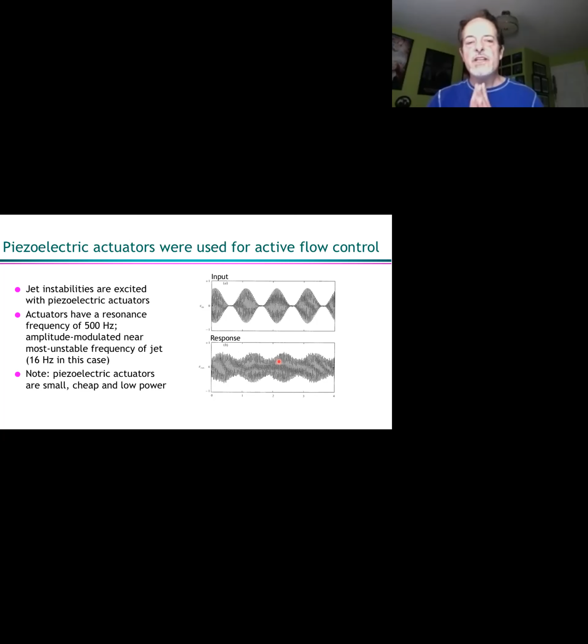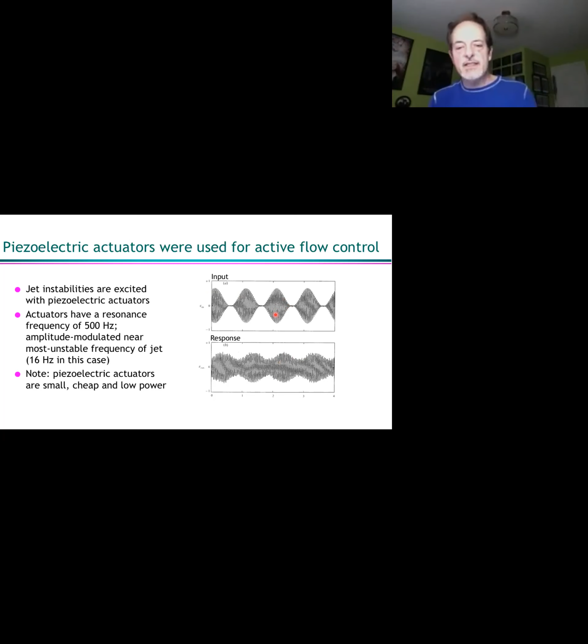As I mentioned, we used piezoelectric actuators for the active flow control here. The actuators had a resonance frequency of 500 hertz. And as I mentioned, the Q was very sharp on these. So trying to run them, even at like 480 hertz or something like that, you basically get no output. So we really had to run them all at the resonance frequency.